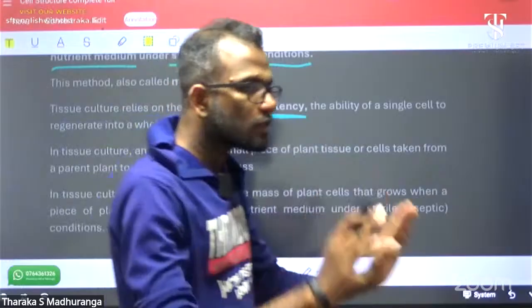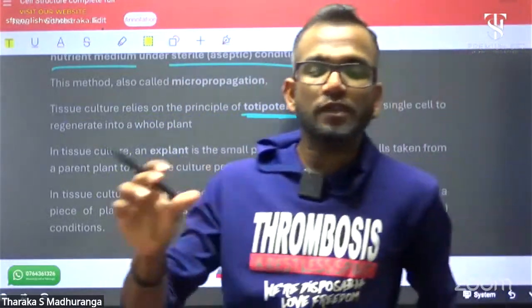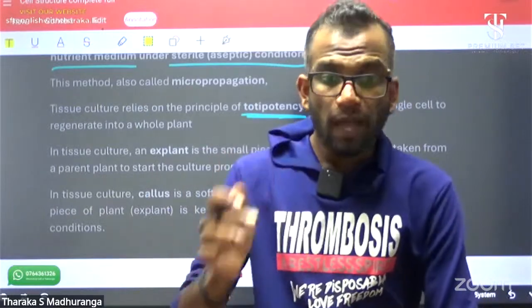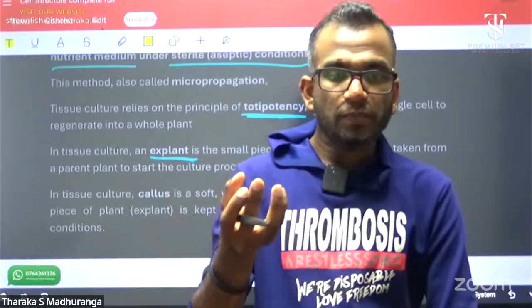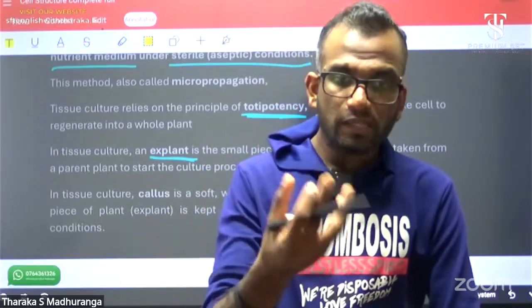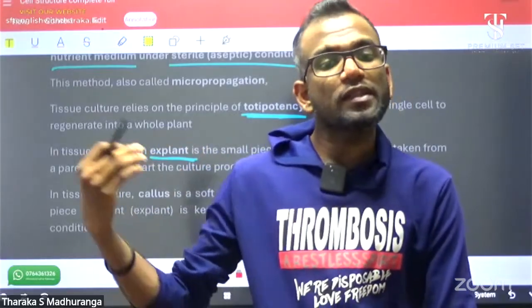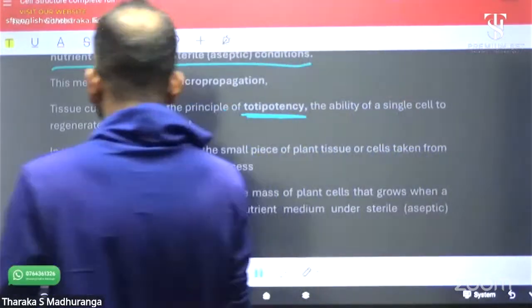Okay, this tissue culture is very simple. What are we doing? The first thing, we have to separate the explant. How to select the explant? Explant means the explant is a plant part, a mother plant part, selected to grow in the artificial media. It's a very simple thing.